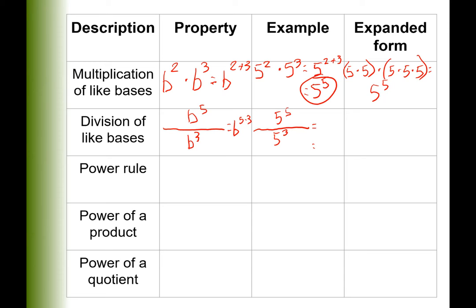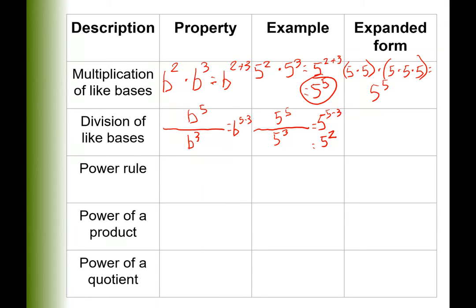We're going to keep the base, which in this case is 5. And since it's division, we are going to subtract the exponents, which in this case is 5 minus 3, which results in the answer being 5 squared.